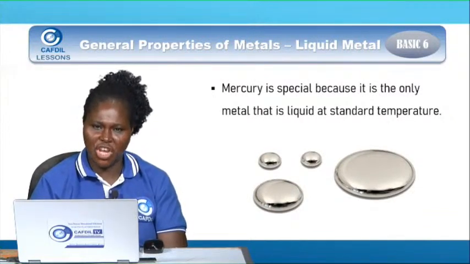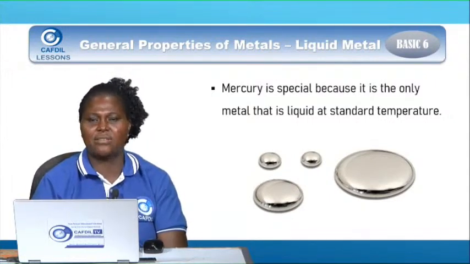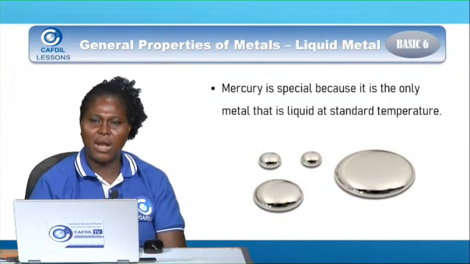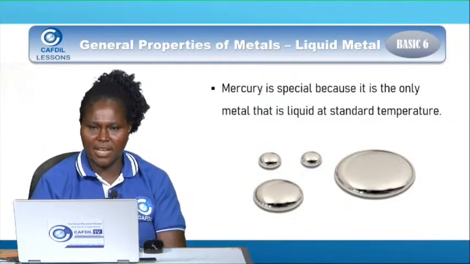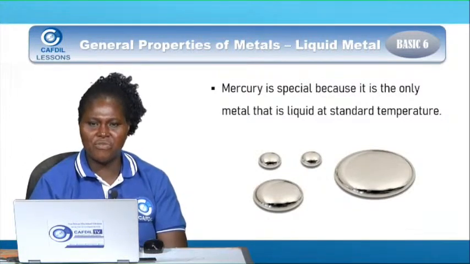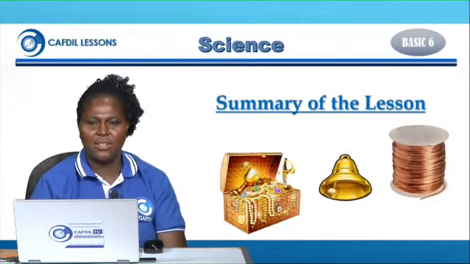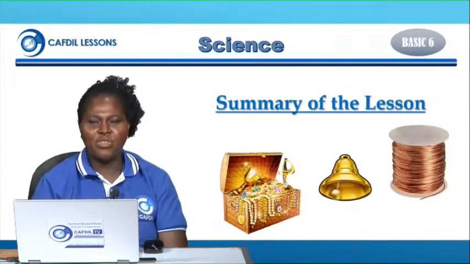When they put it on our armpits, it rises according to the temperature of the body. Yes, the mercury rises in the glass and it reads our temperature. Good. Very soon, we are coming to the end.